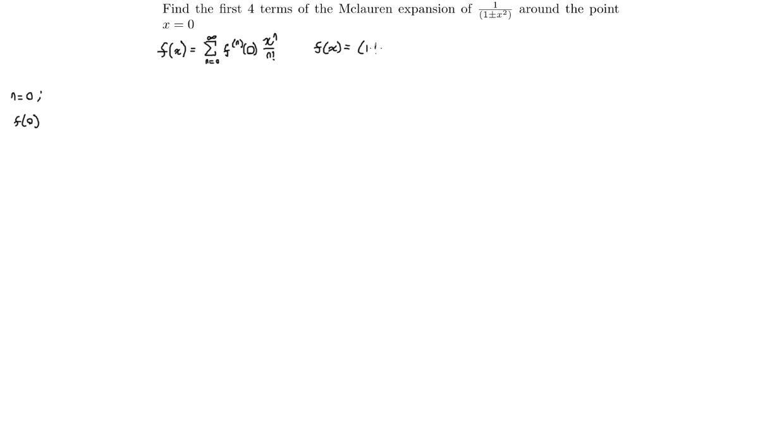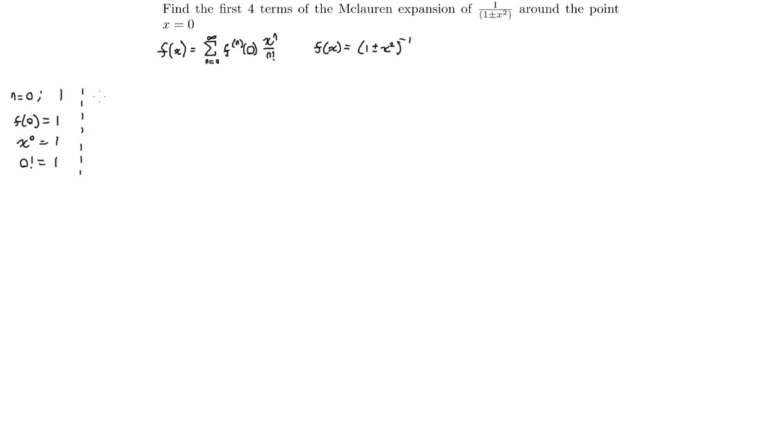That'll be (1 + (-x^2))^(-1). So f of 0 is just going to be 1. And then we'll have x to the 0, which is also 1, and 0 factorial, which is also 1. So the first term is just 1.